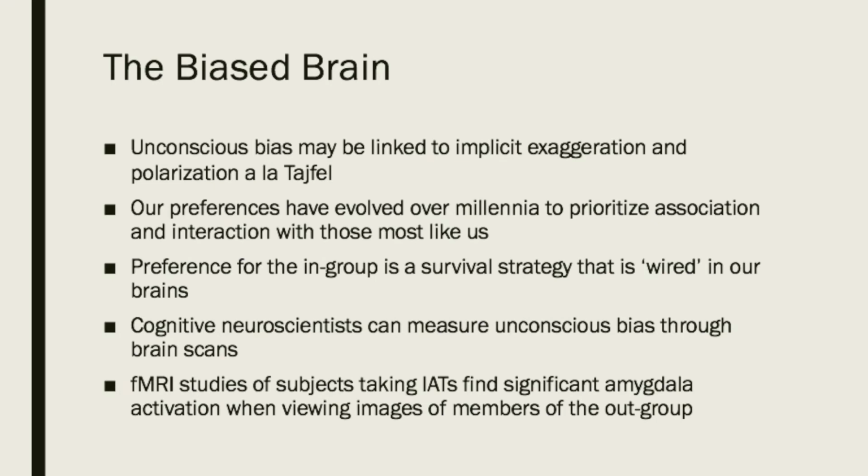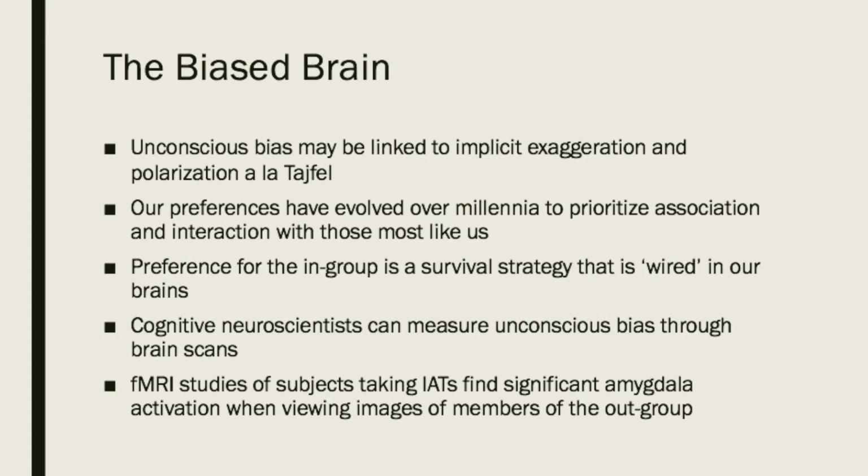In this sense, implicit bias against members of the outgroup may be hardwired into our minds. In fact, cognitive neuroscientists have provided some hard evidence of this phenomenon using functional magnetic resonance imaging. Thus, implicit bias can be seen visually through brain scans.